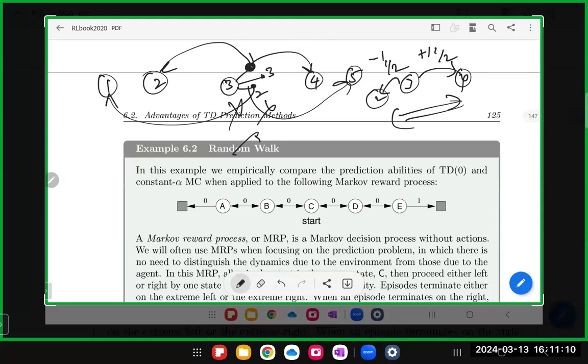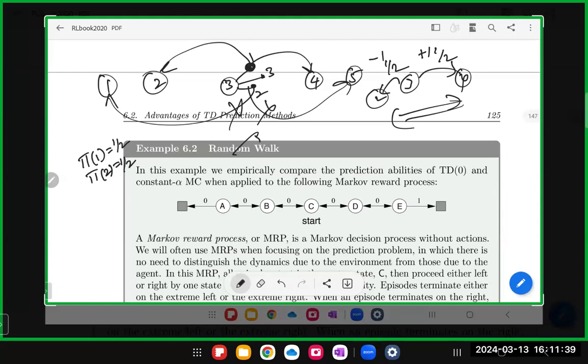So if my policy is that the probability I'll bet 1 rupee is half and the probability that I'll bet 2 rupees is half, what are all the possible states I'll go to from 3? 4 or 5 on the right side, and 2 and 1 on the left side. So there are 4 possible states.